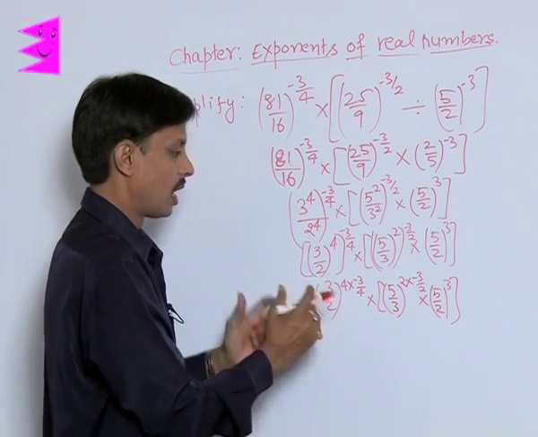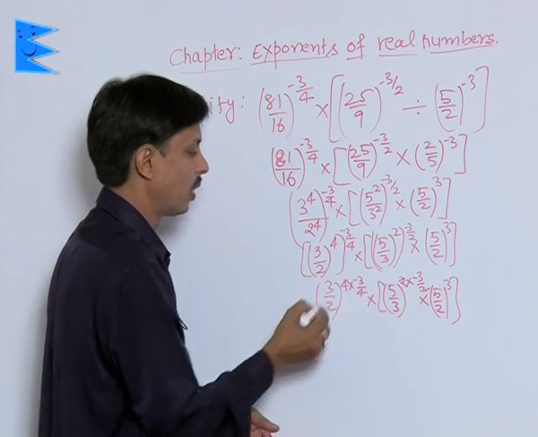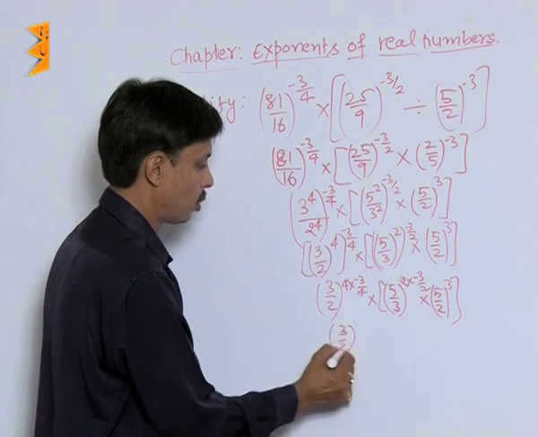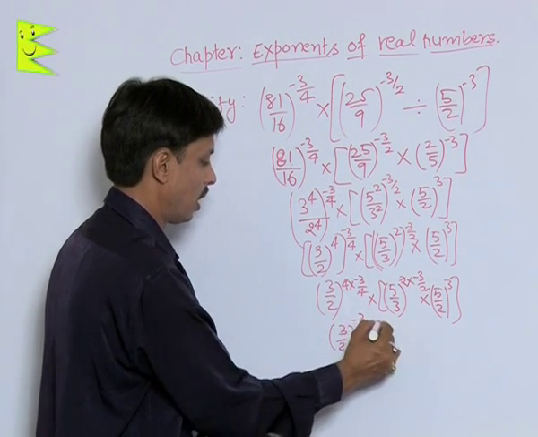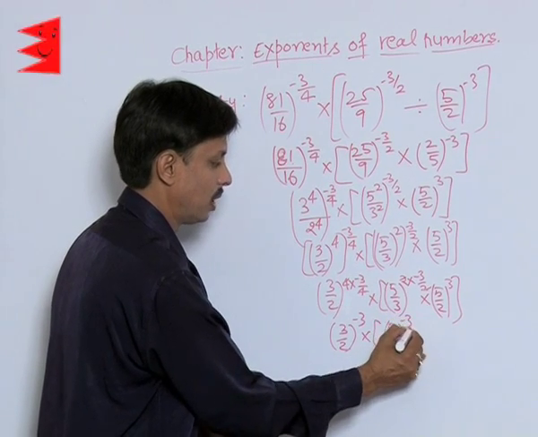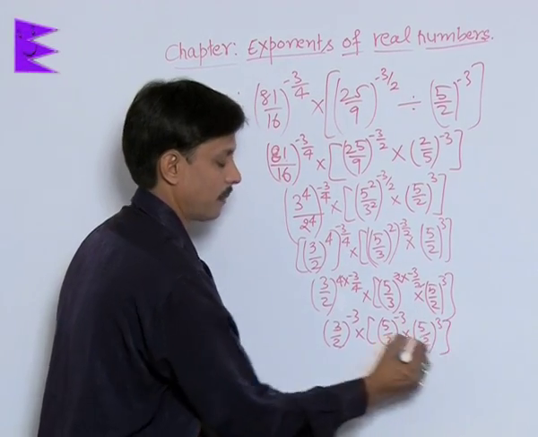Now 4 and 4 get cancelled, 2 and 2 get cancelled. So I have (3 by 2) to the power minus 3 into (5 by 3) to the power minus 3 into (5 by 2) to the power 3.